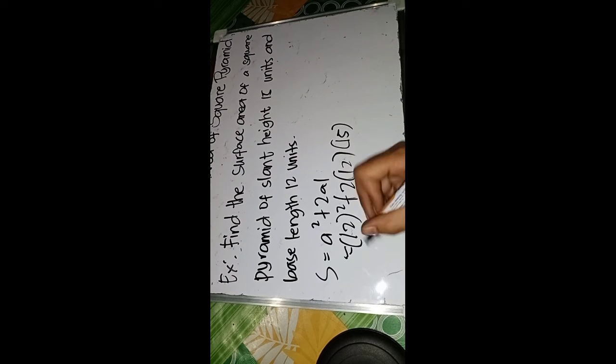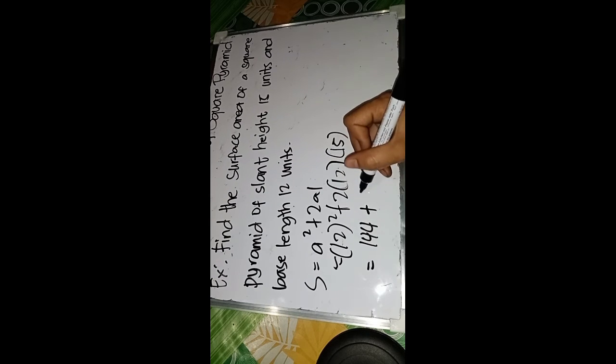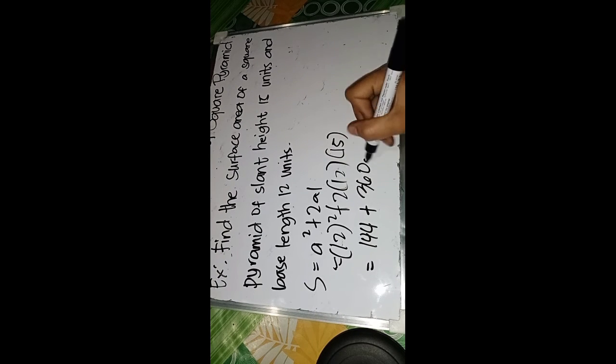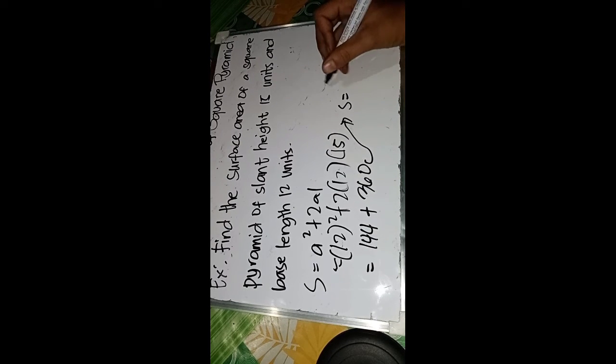So 12 times 12 is 144, plus 2 times 12 times 15, that is 360. So the surface area of the square pyramid equals 504 square units.